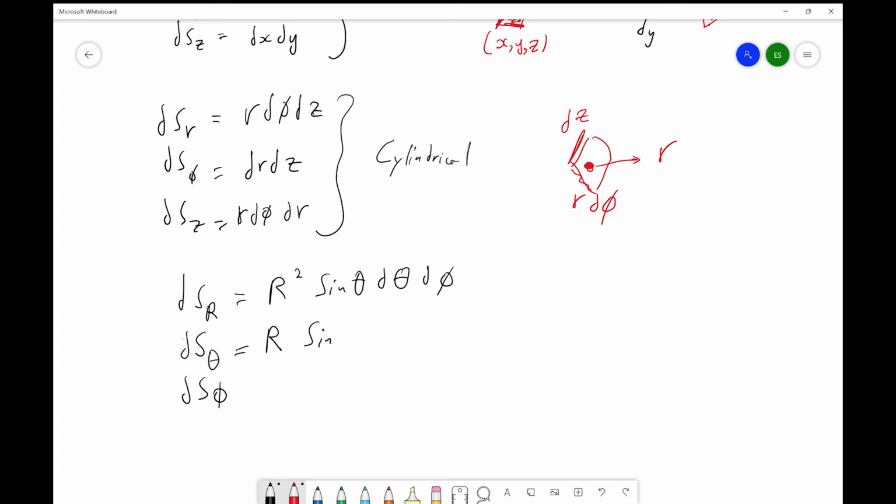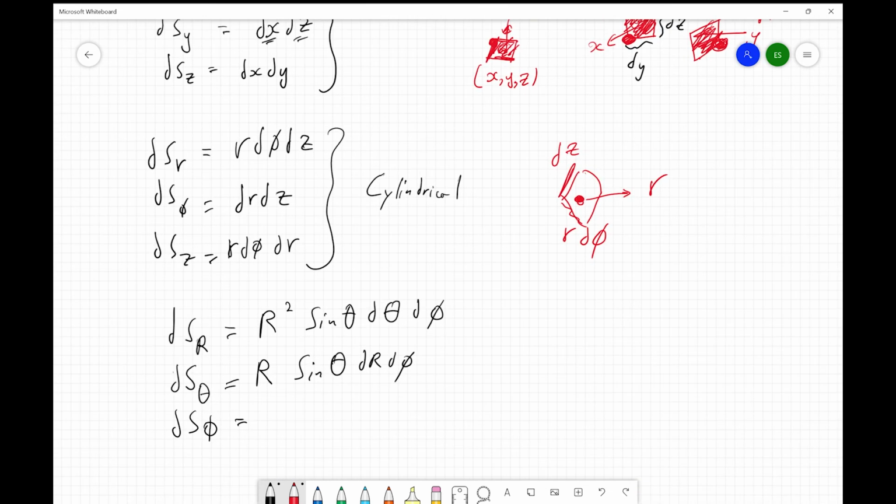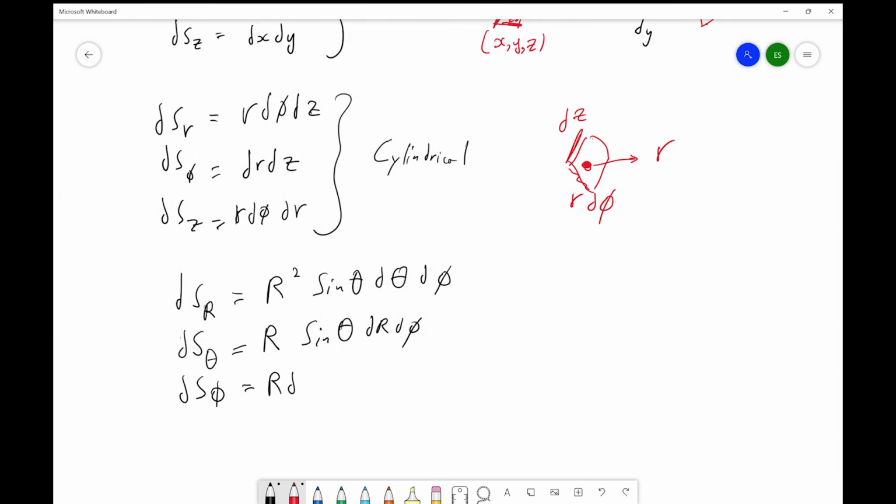And then dS phi is going to be, let me go here again. I'm going to take this times this. It's going to be r dr d theta.